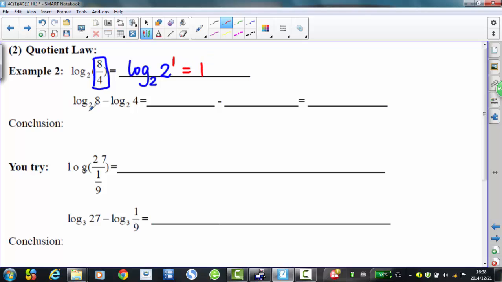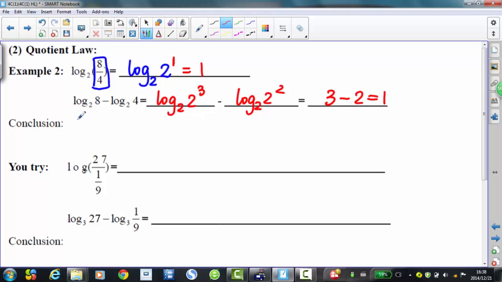If I split the numerator and the denominator in the quotient into 2 logs and put the minus sign in the middle, I will find log 2, 8. Of course, this one is the same as log 2, 2 cubed, minus log 2, 4. This one is log 2, 2 squared. And this one is just 3 minus 2. It's 1.